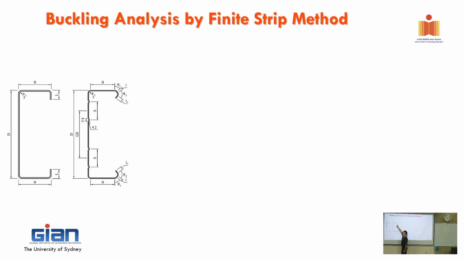Now with the lip, it's not straight. It goes there and there. Now, what does the lip help? Think about distortional buckling, right? It's up and down, and the lip plays a very important role, as you pointed out before, in the behavior.